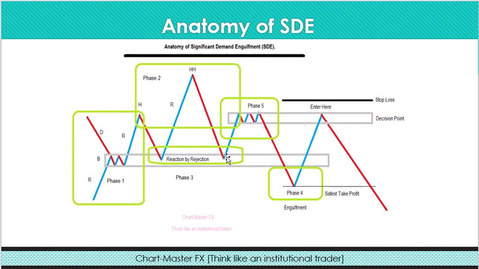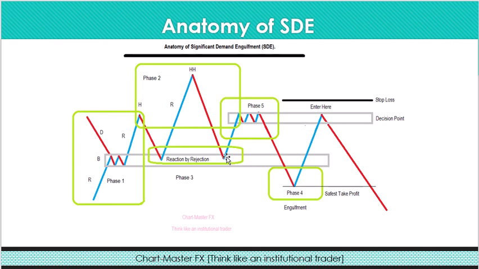What happens in the market is that the price may visit this base or demand twice or more than twice. You have to look for that, guys. Once you see such a thing, then the phase 3 has been validated.